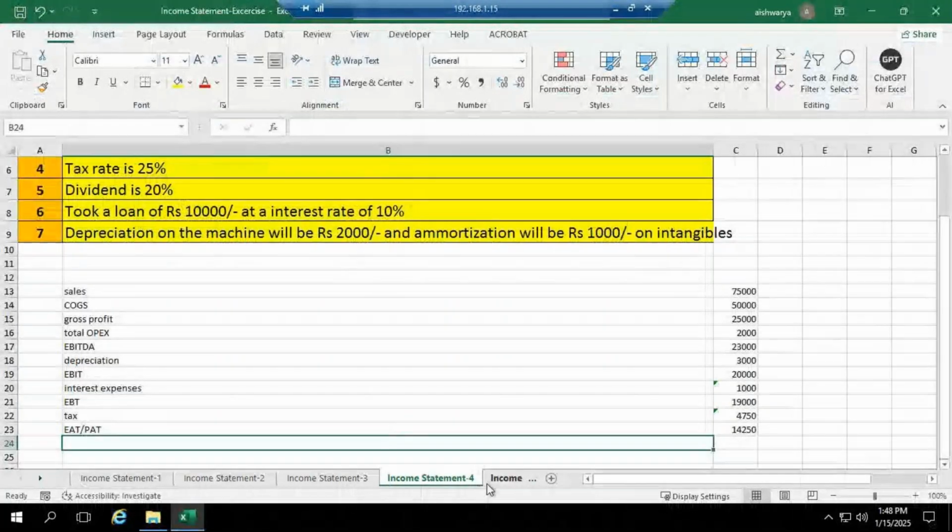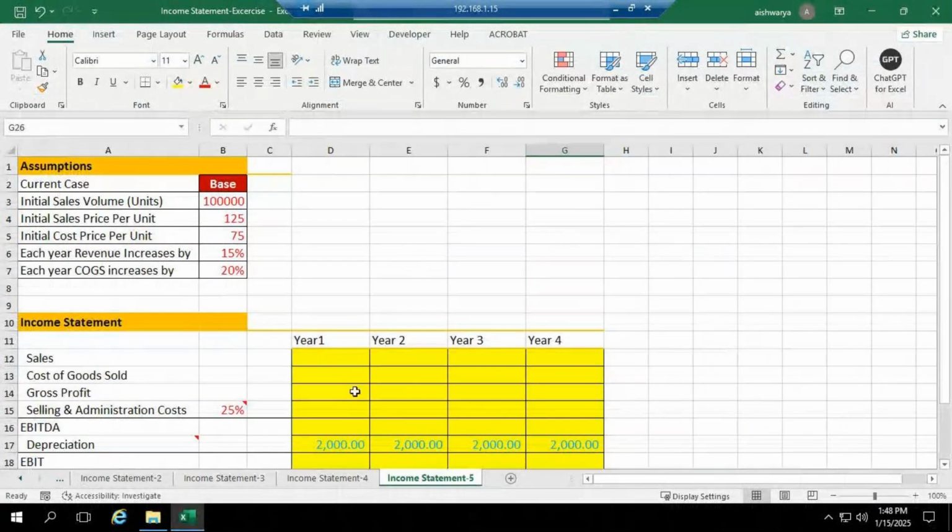That means the fifth type of income statement, or will you do this one by yourself, or else you want me to explain once and move to the next? 1 minute.